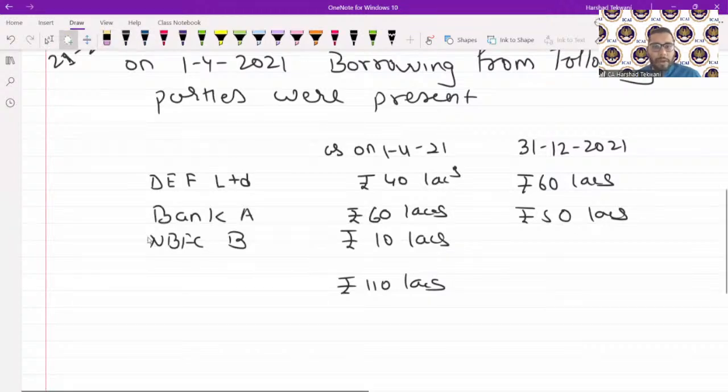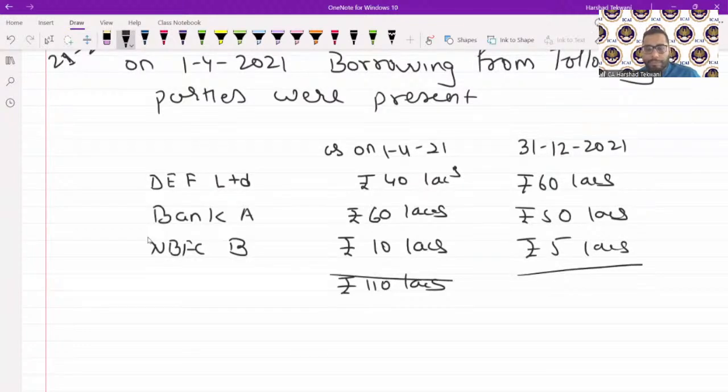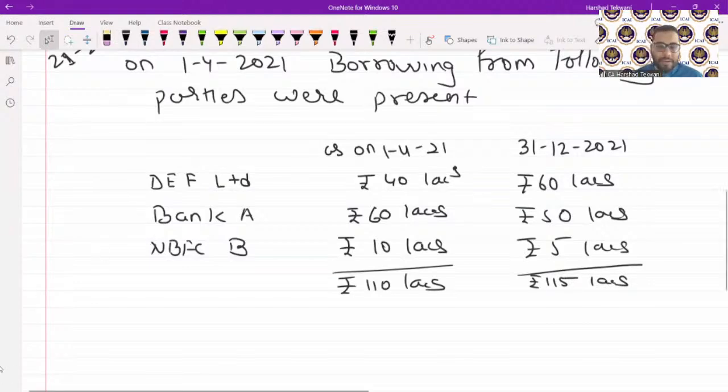Earlier it was 10 lakhs, now it became rupees 5 lakhs. So the total, which was earlier 110 lakhs, is now rupees 115 lakhs. In total, the borrowing has increased.